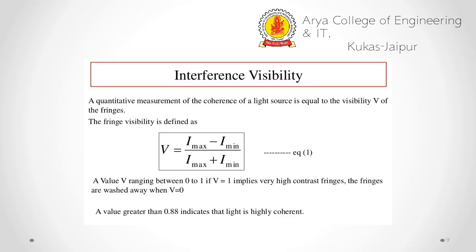The value of V ranges between 0 and 1. If V is equal to 1, it implies very high contrast fringes. The fringes are washed away when V is equal to 0. A value greater than 0.88 indicates that light is highly coherent.